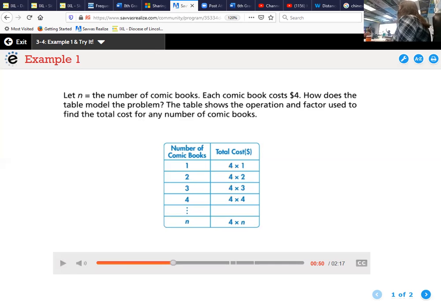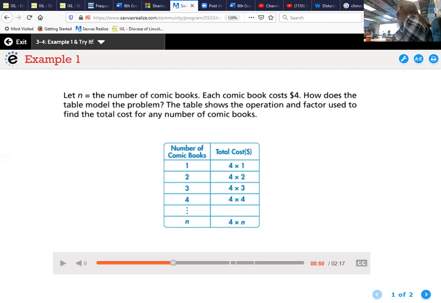Like how do they show that, Jack? We multiplied the number of comic books times $4. So 1 comic book would be 4 times 1. 2 comic books would be 4 times 2. 3 comic books would be 4 times 3. 4 comic books would be 4 times 4, and so on.